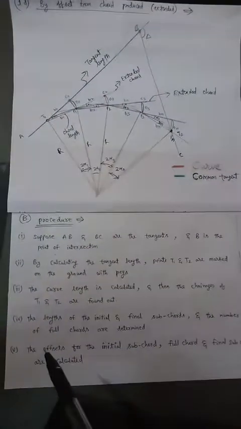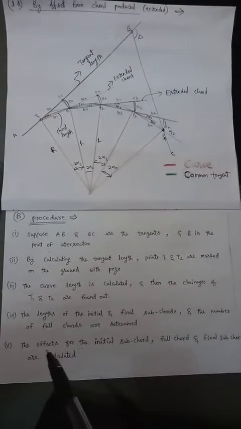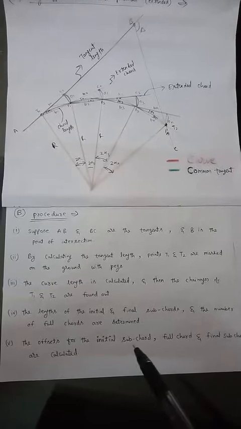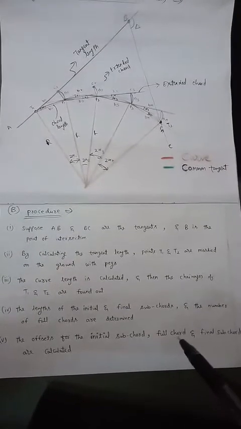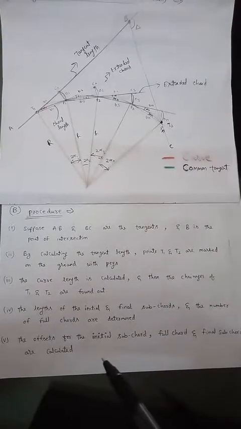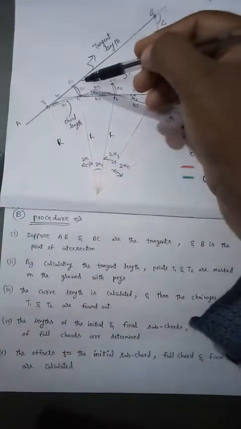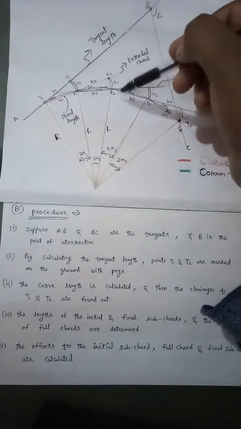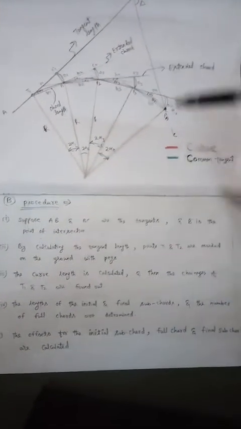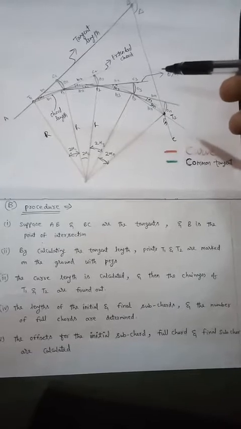Fifth point, the offsets for the initial subchord, full chord and final subchord are calculated. These offsets O1, O2, O3 and ON are calculated by using formulas that will be seen in the derivation.